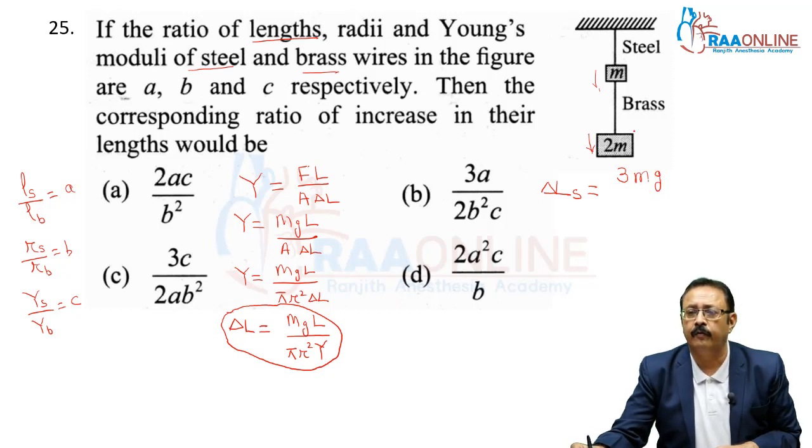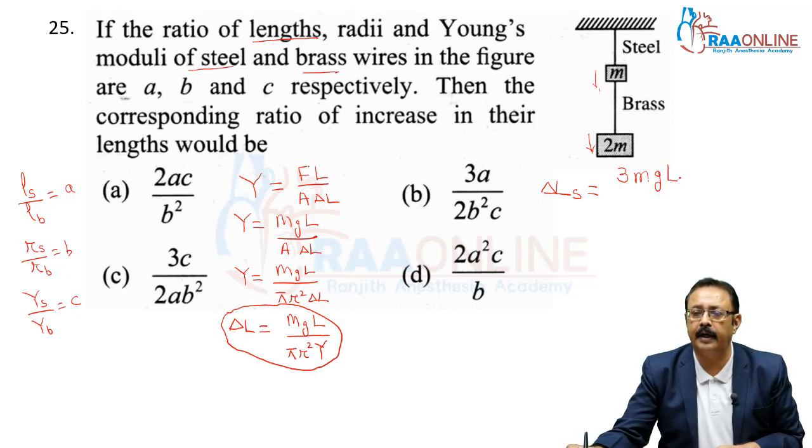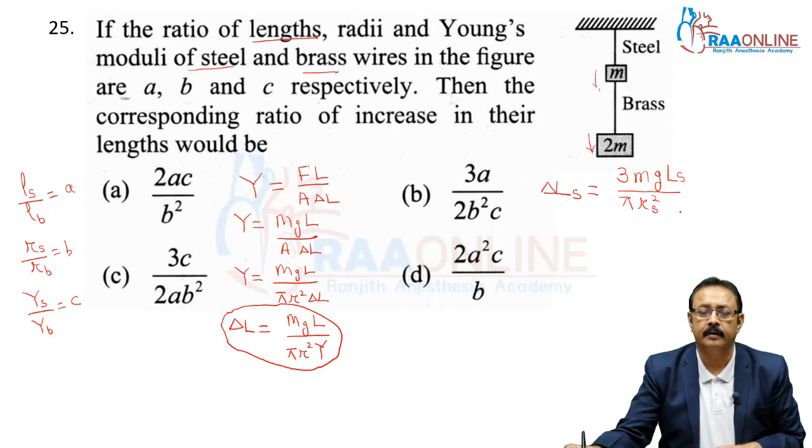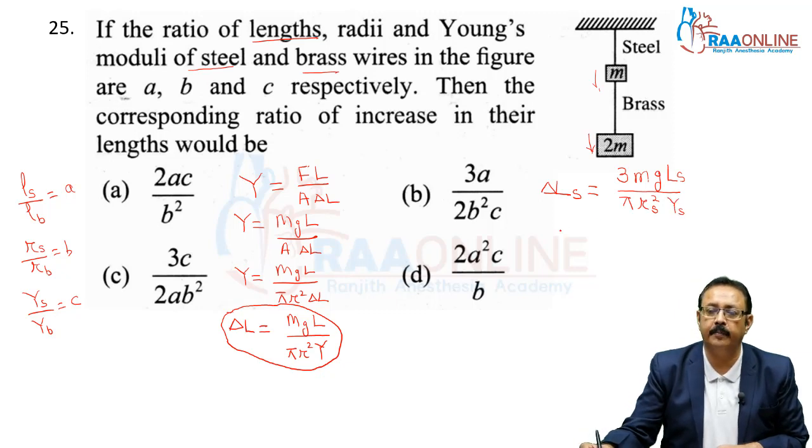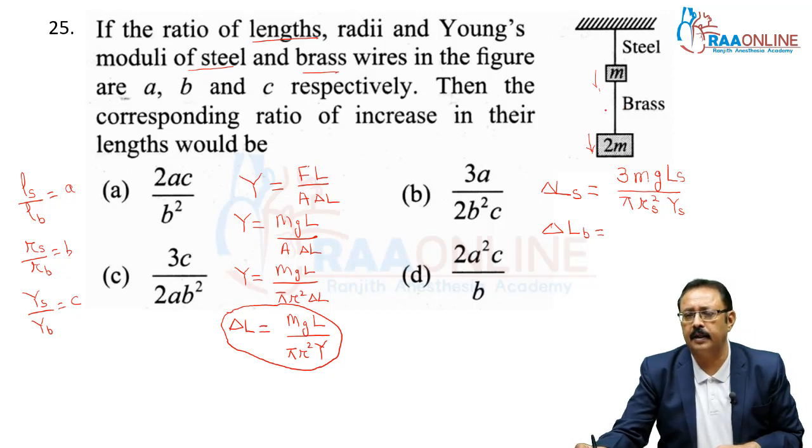So in place of m, I am writing 3m, g, and the length is Ls, since we are talking about steel, upon pi, r steel square, Y steel. Now I am calculating delta L for brass. For brass, the stretching force is only 2m.